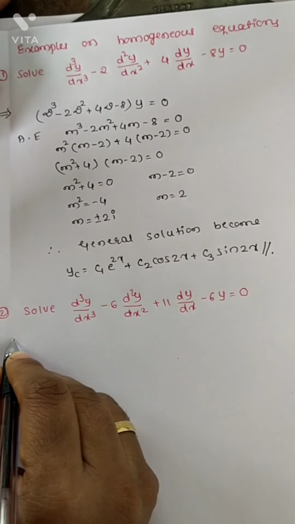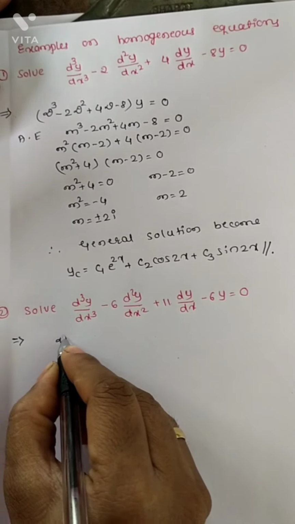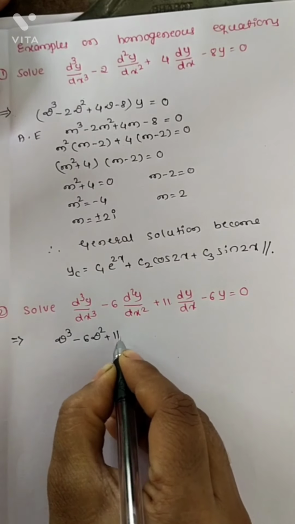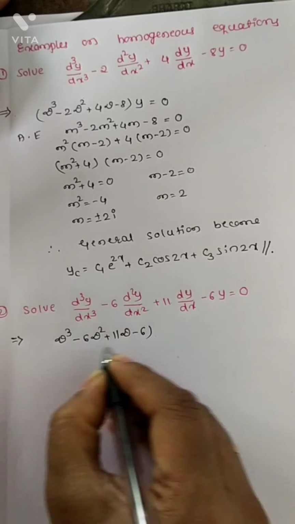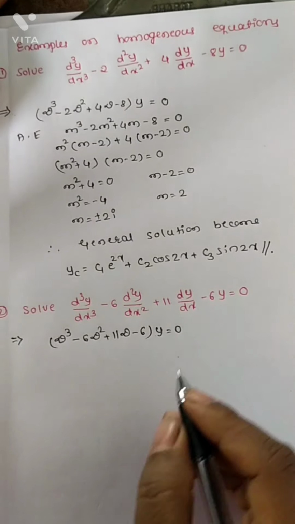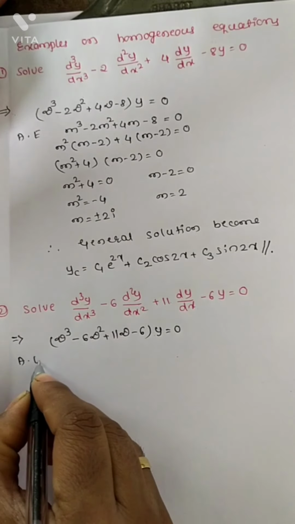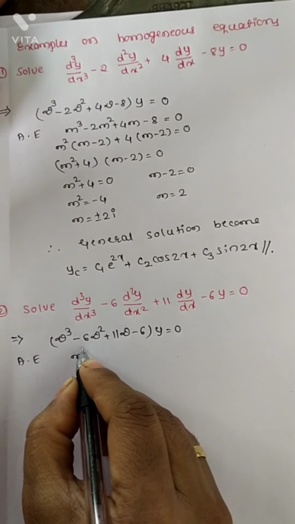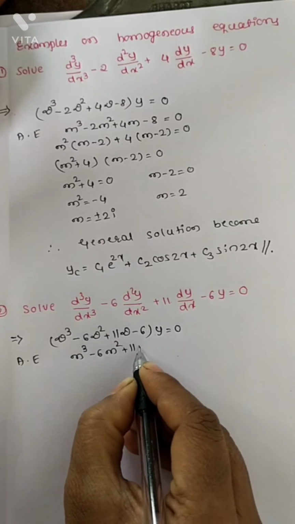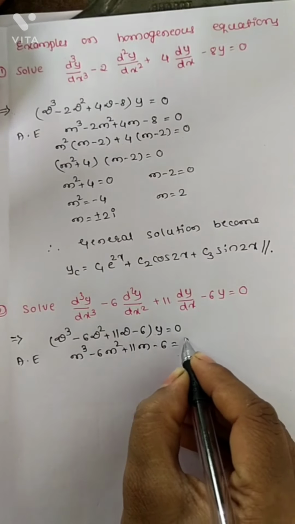This also we have to write in the form of differential operator, D cube minus 6D square plus 11D minus 6 y is equal to 0. Now we take the auxiliary equation to find the roots: m cube minus 6m square plus 11m minus 6 is equal to 0.